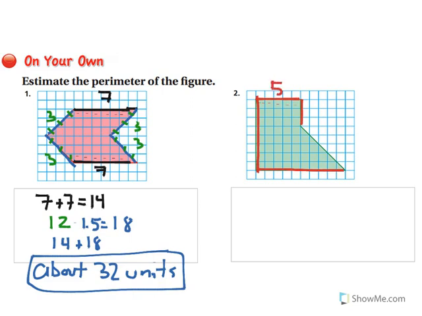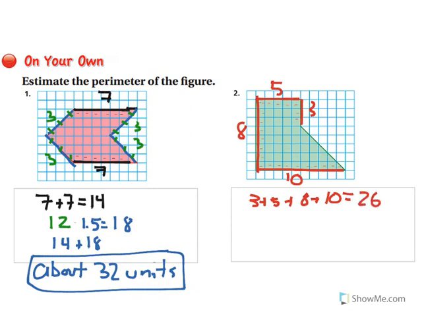I have 1, 2, 3, 4, 5, 6, 7, 8. I have 1, 2, 3, 4, 5, 6, 7, 8, 9, 10. And I have 1, 2, 3. So I'm going to do 3 plus 5 plus 8 plus 10, giving me 26.